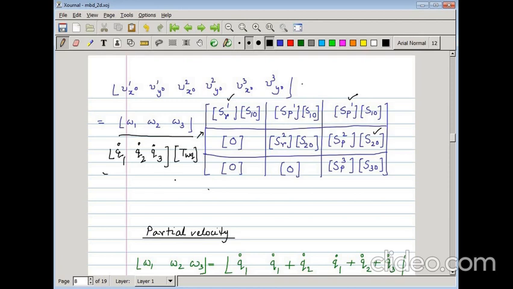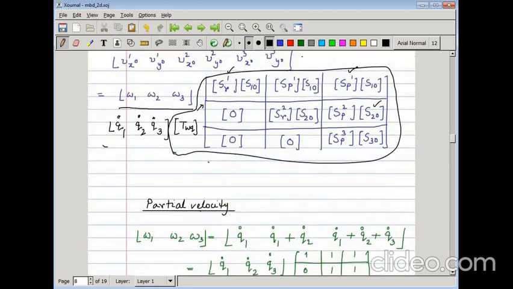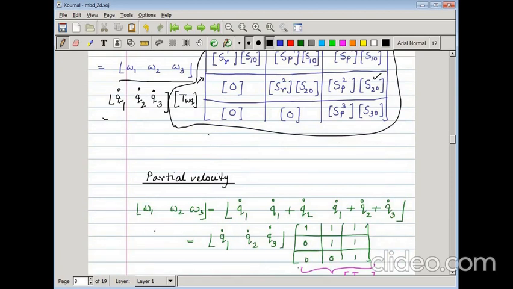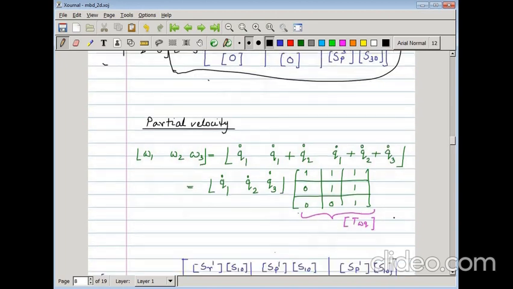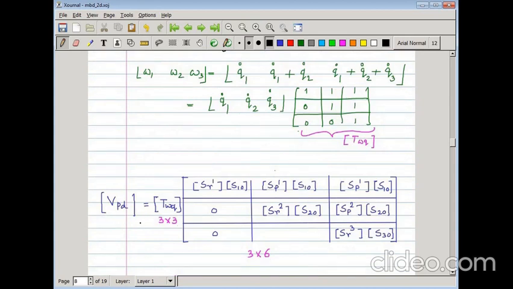So if you combine this with this, you will get VPD. So what is T omega q in this term? In this case, omega 1, omega 2, omega 3 is q1 dot, q1 dot plus q2 dot, q1 dot plus q2 dot plus q3 dot. So this is the T omega q matrix. So VPD is T omega q into this.